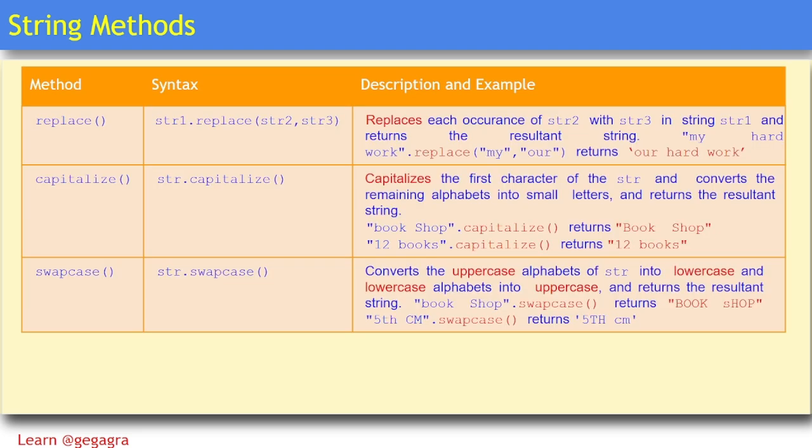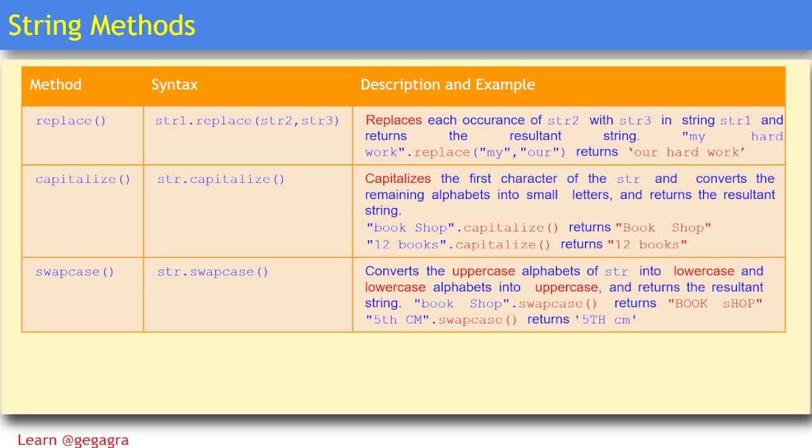The format is str1.replace(str2, str3), meaning you are replacing str2 with str3, and the result will be stored in str1. So str1 is the source string as well as the target string. It replaces each occurrence of str2 with str3 in string str1.